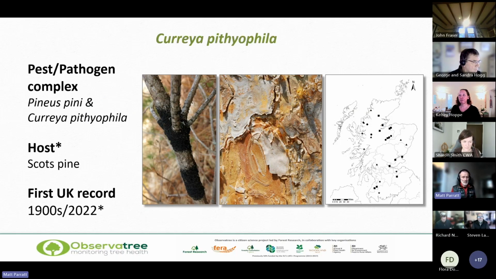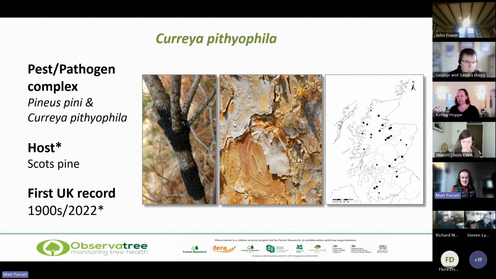So I'm going to start with this little beauty, which used to be called Correa Pythiophila. That is in the process of changing thanks to some brilliant new research from one of my colleagues, but for the moment I'm going to stick with this name. Now this is a bit strange in that it isn't a pest or a disease, it's a complex, so it's a bit of both.